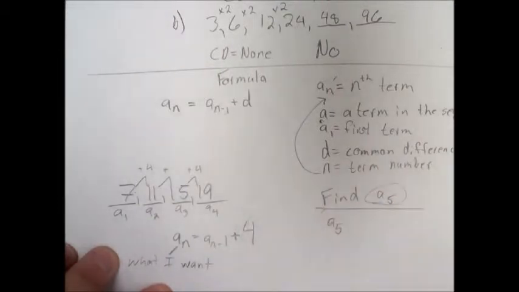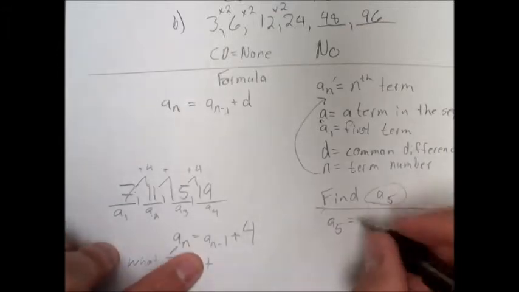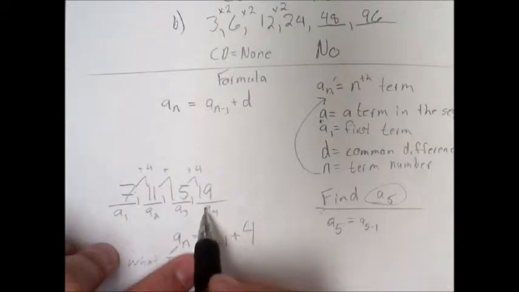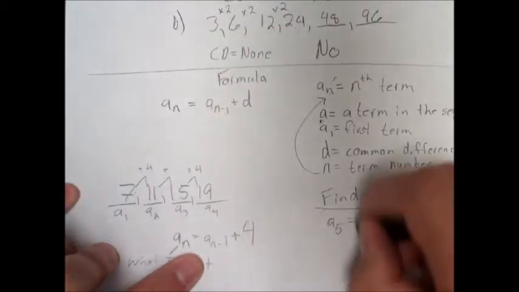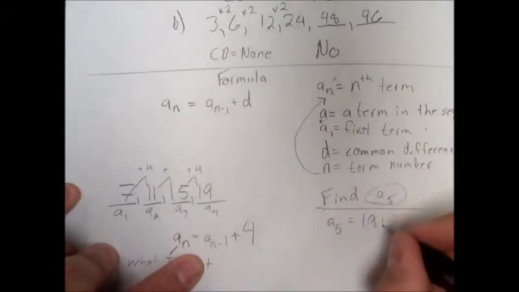I don't know what it is yet, so I'm just plugging in, a sub 5, equals a sub 5 minus 1. What is a sub 5 minus 1? It's a sub 4, right? What was a sub 4? 19, so I just plug her in. And then add my common difference, which is 4.